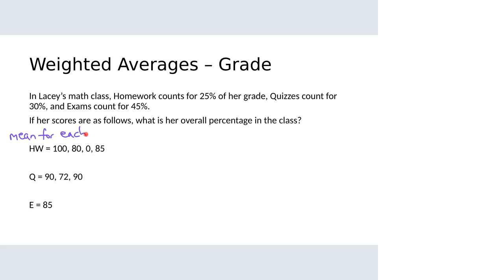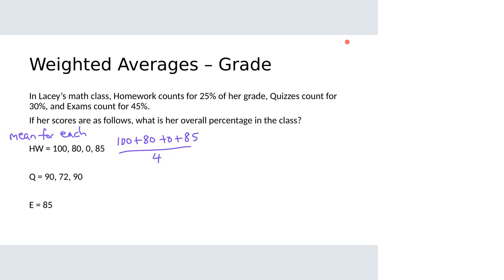And so homework, we have 100 plus 80 plus 0 plus 85, and we're going to divide that by 4. Be careful here. There's a little bit of instinct to not count that 0 as one of the scores and divide by 3. Don't do that. It's one of the scores. She has a 0, so we count it as one of the scores.